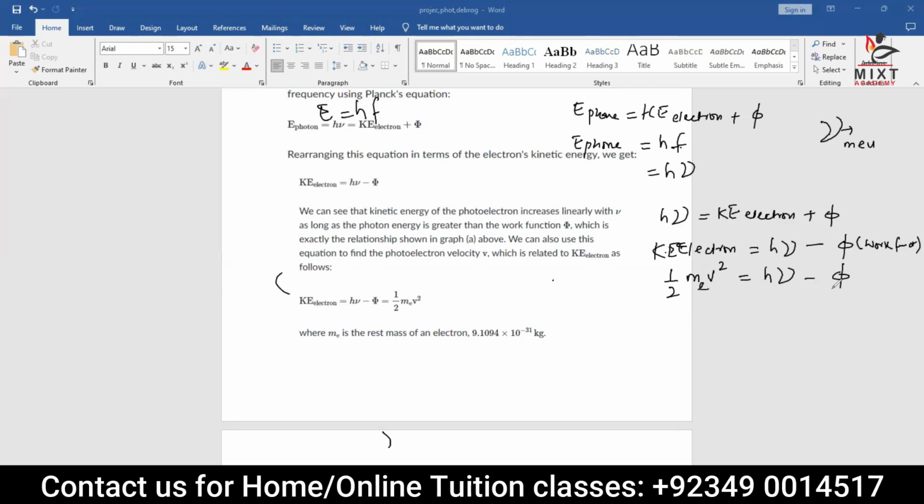What do you mean by rest mass? Now, a very important thing. When electrons start moving, we normally believe it moves with the speed of light, actually. And when it moves with the speed of light, it means it will become a massless entity.